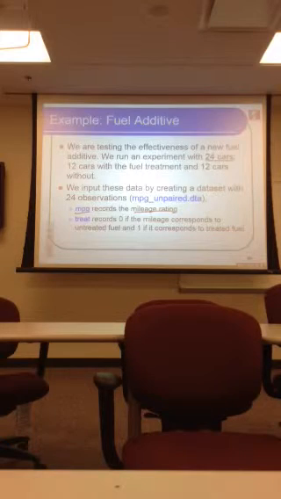And the explanatory variable is the fuel treatment, a categorical variable. So this is a typical continuous variable versus binary variable scenario, right? Understanding the relationship between a continuous variable, the mileage of the car, and a binary variable, whether you were randomized into the treatment group or not.